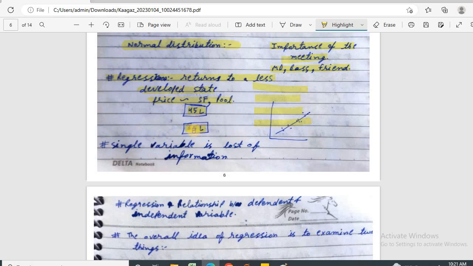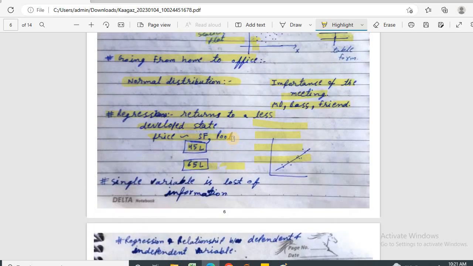I said I have seen one house and the price is 65 lakhs. He asked what the details are, so I said 65 lakhs. So basically in regression we are defining the price of a house with the help of some details. Okay, so we are going to a less developed state.